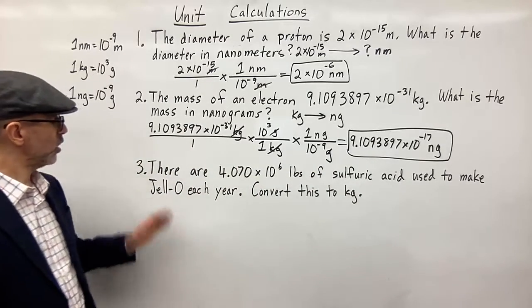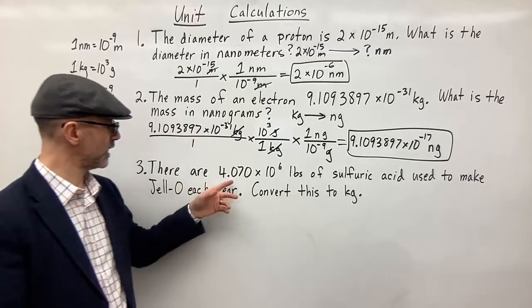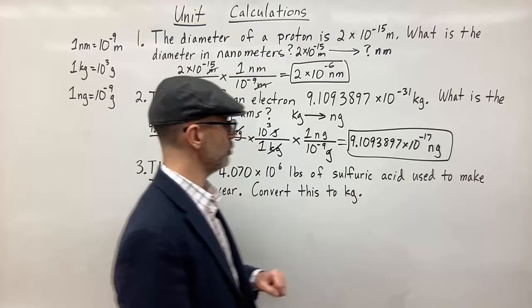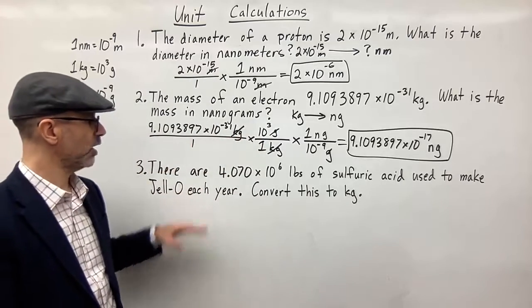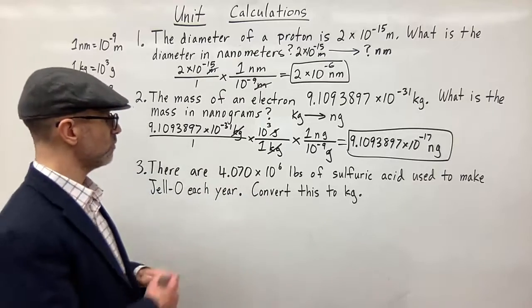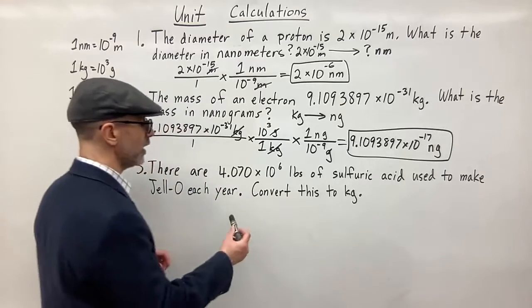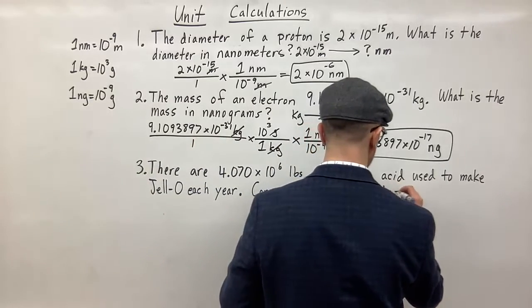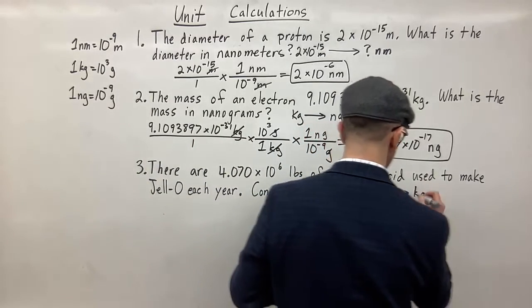Here, we're told that there are 4.070 times 10 to the 6 pounds of sulfuric acid used to make Jell-O each year. We want to convert that to kilograms. So we're going to go from pounds to kilograms.